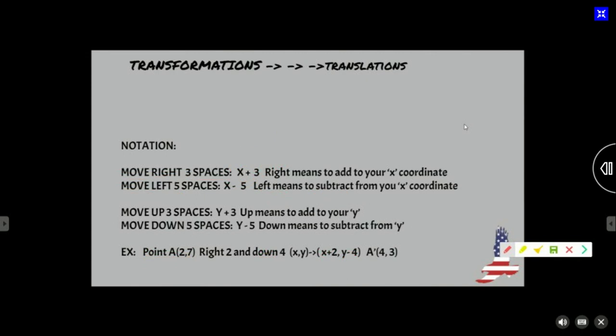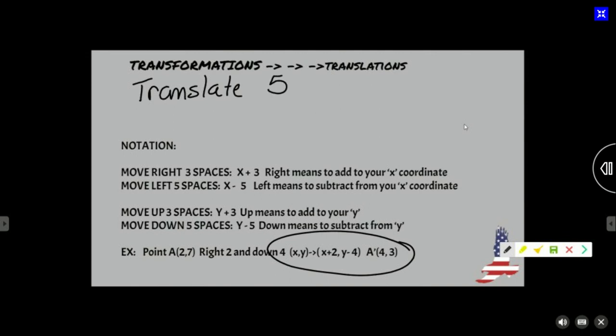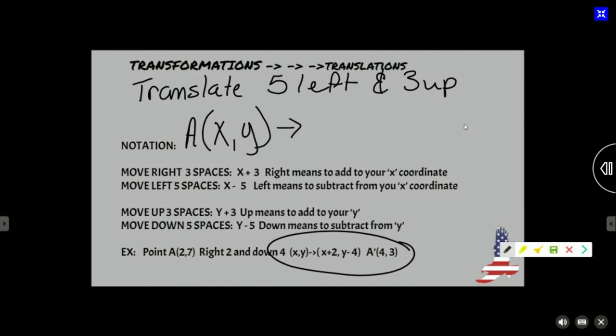All right, so what would you say? This is what I'm wanting from you, this down here, okay? I'm going to say translate 5 left and 3 up. So my first coordinate, my point A is the X, Y. How am I going to write, looking for this right here, when I say 5 left and 3 up?